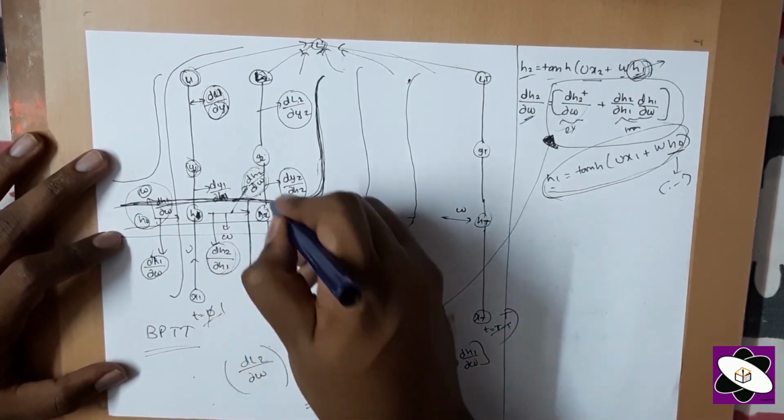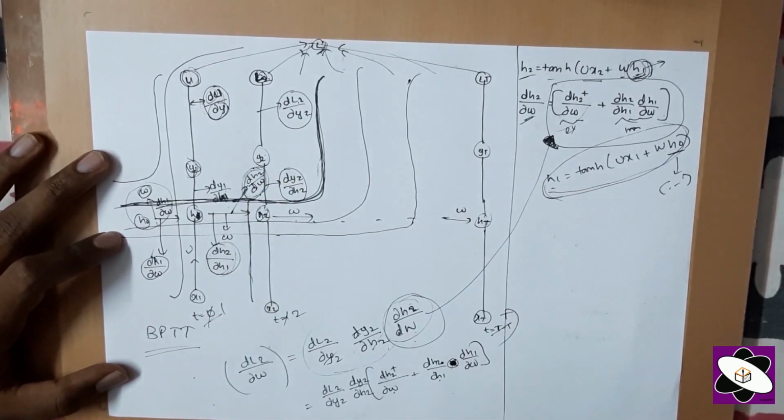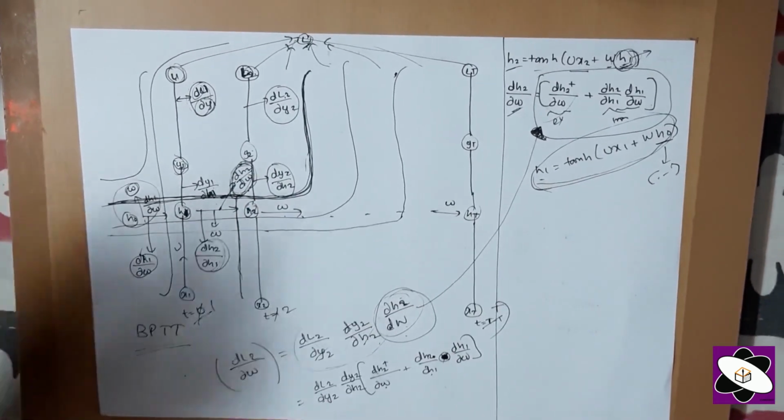So this is implicit dh2 by dW, and this is explicit dh2 by dW, treating y2 as 1.